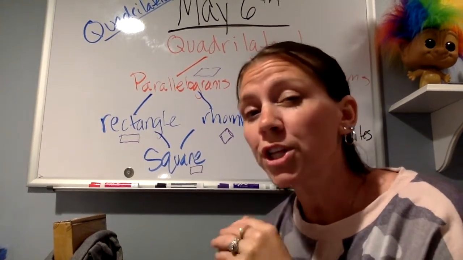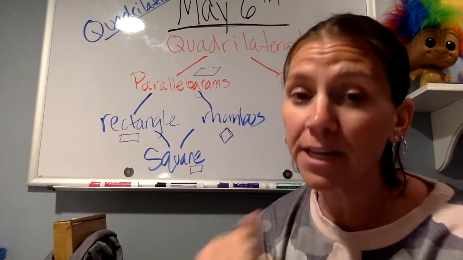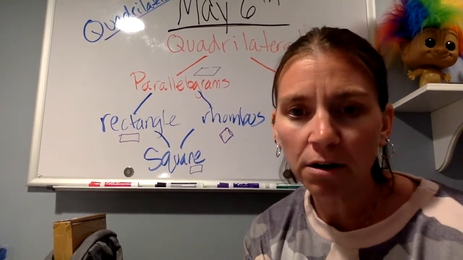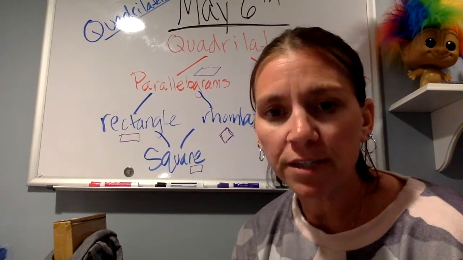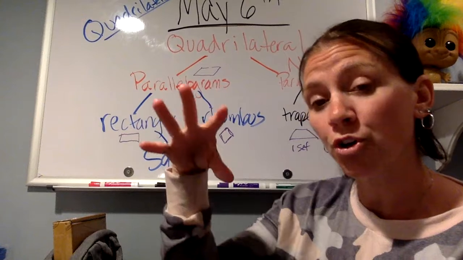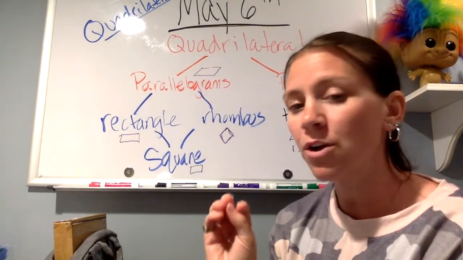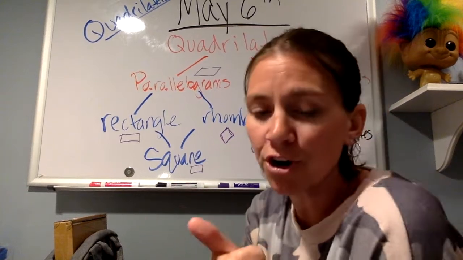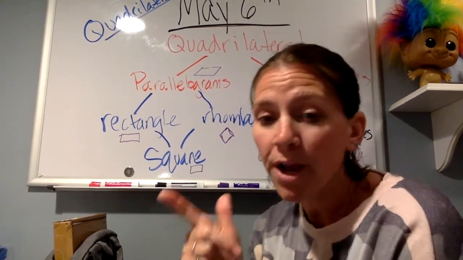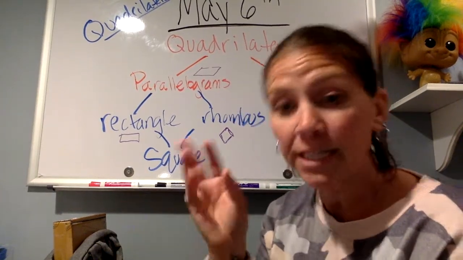So when you look at the shape, you want to say the most specific name, like, oh, that's a square, okay? Or that's a rectangle. You give that name first, and then you work your way up. So I say, oh, there's Mr. Curry, and then I say, oh, not only is he Mr. Curry, but he's also a boy, and he's also an adult, and he's also a person, he's a human.